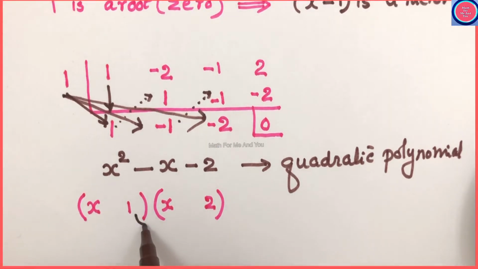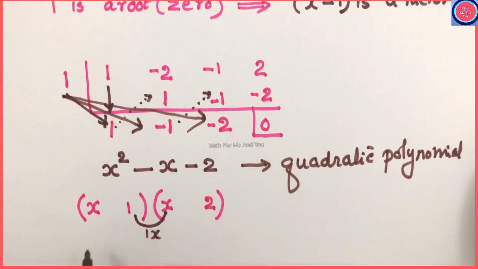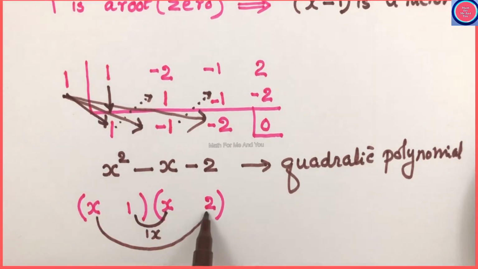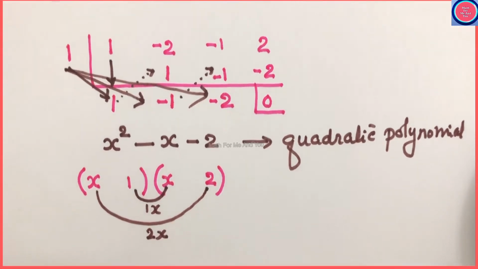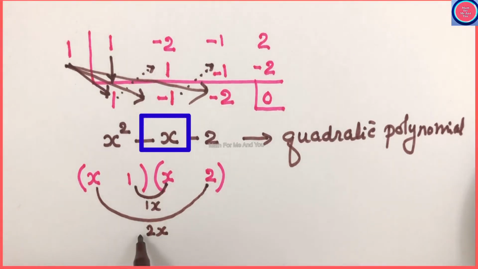For that, cross multiply. First bracket 1, the number with the second bracket x. 1 times x is 1x. First bracket x with the number in the second bracket. Multiply, we get 2x. Here the middle term is minus x and we are getting the terms 1x and 2x. How can we get minus x?